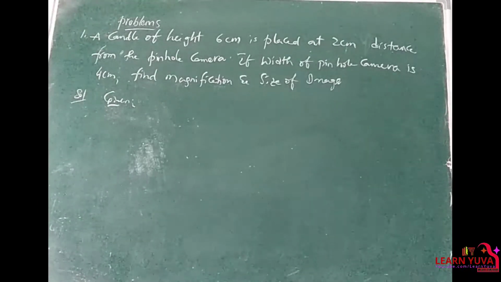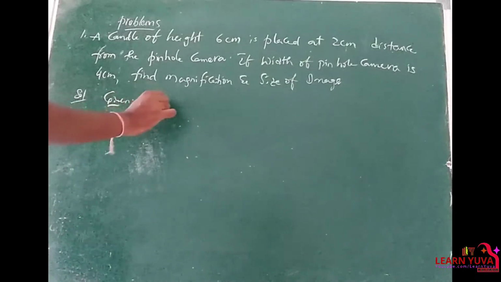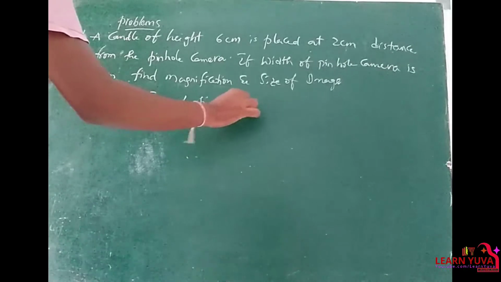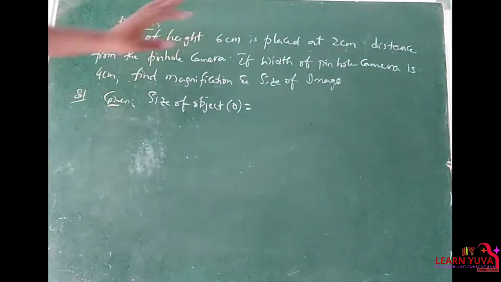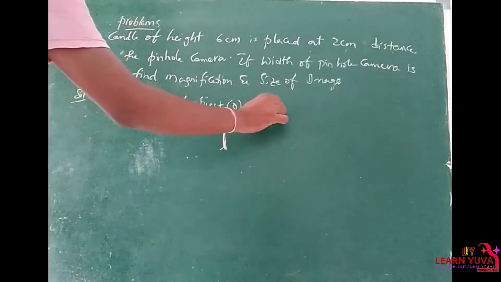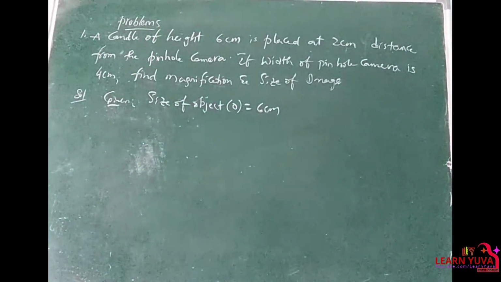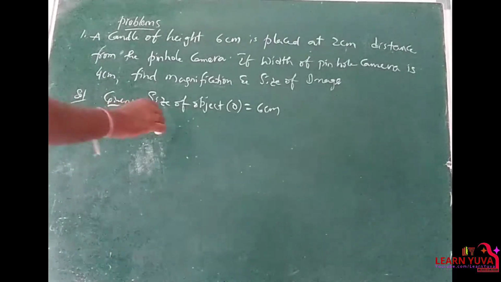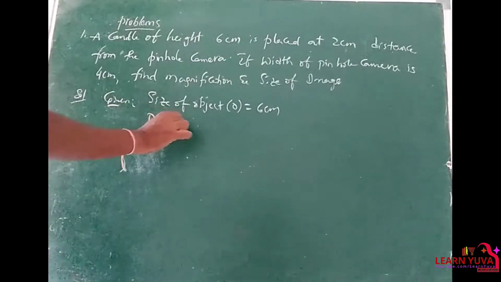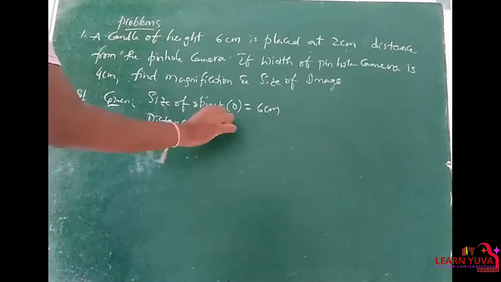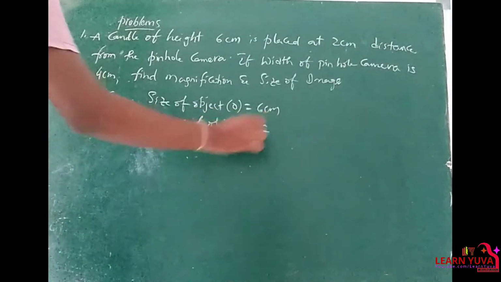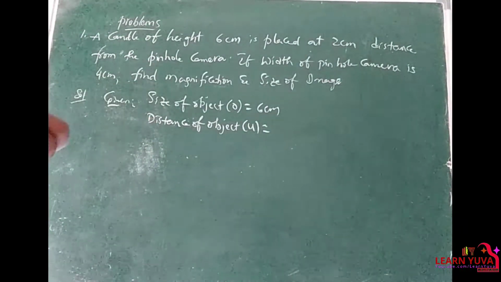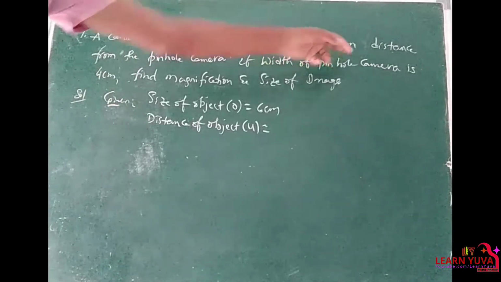Right? So given, size of object O is equal to 6 centimeters, and distance of the object U is equal to, sorry, 2 centimeters.